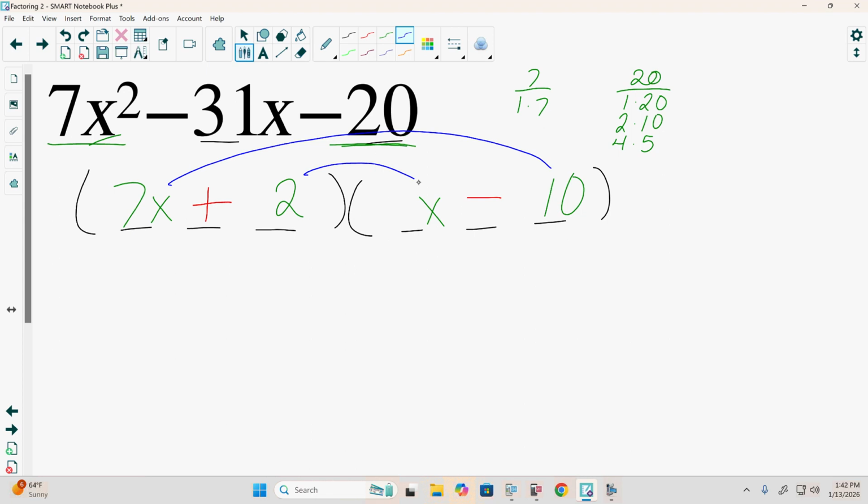So 7x times negative 10, 7 times negative 10 would be negative 70x. 2 times x, positive 2 times positive x would be positive 2x. So negative 70x plus 2x, negative 70 plus 2 would be negative 68x. So that's not the middle term that we wanted.